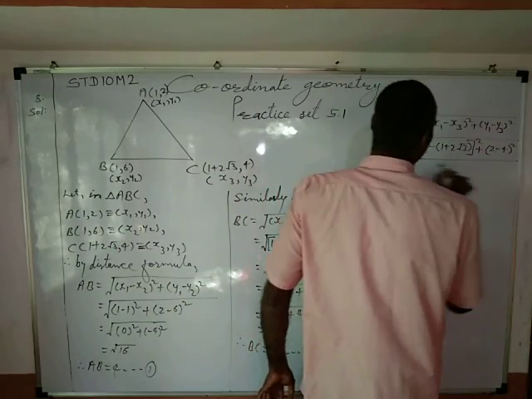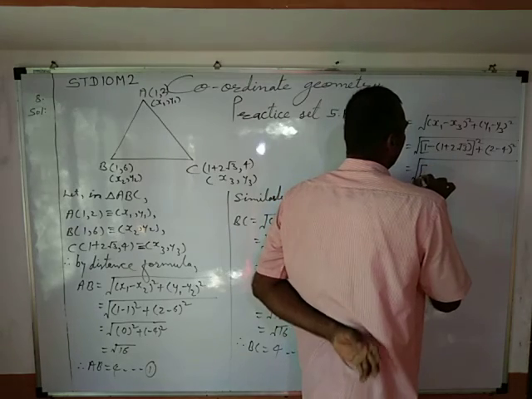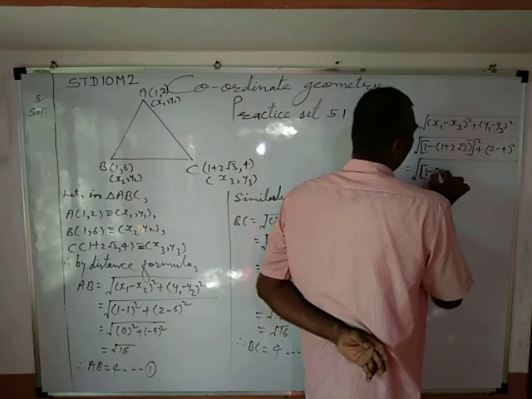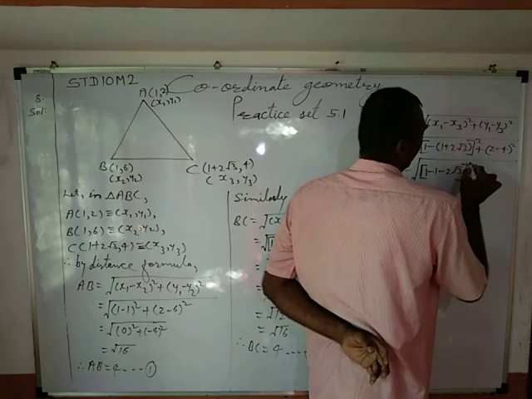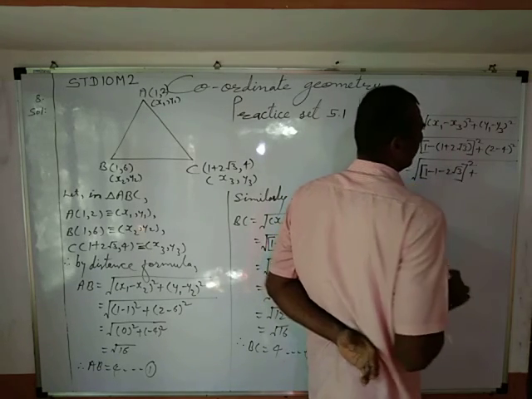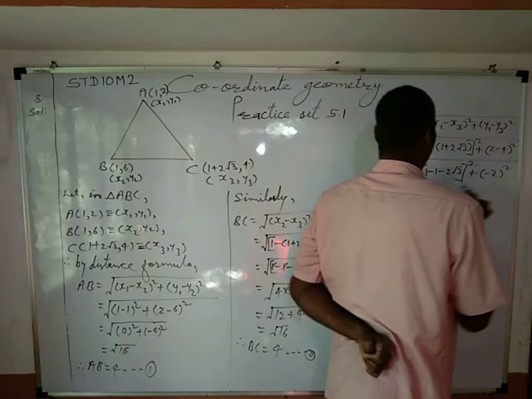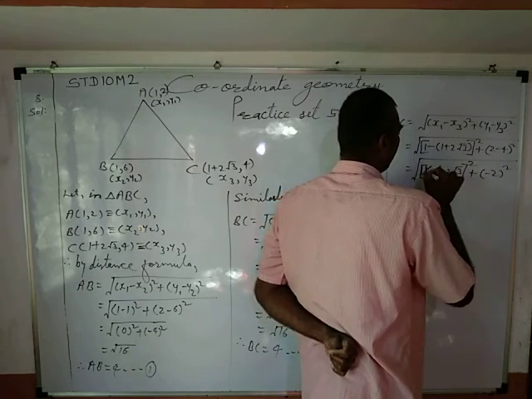Once again, opening the bracket: under root (1 minus 1 minus 2 root 3) whole square plus (2 minus 4) whole square, means minus 2 its square, plus 1 minus 1 will cancel.